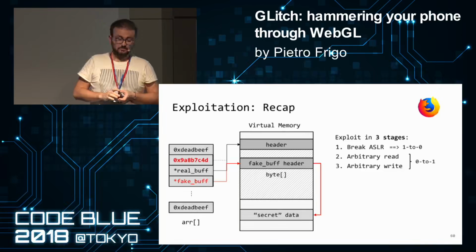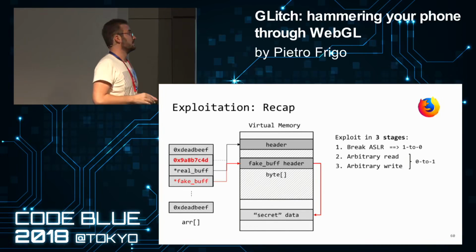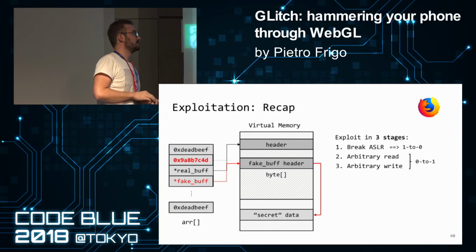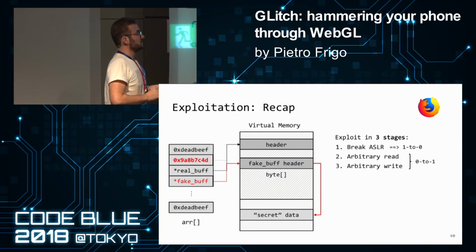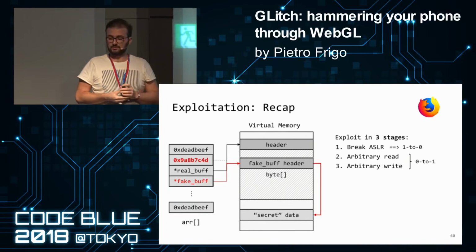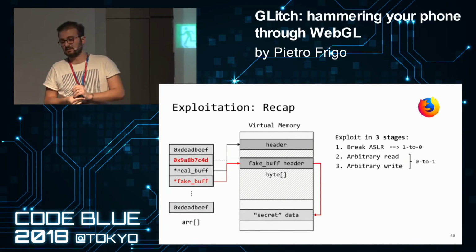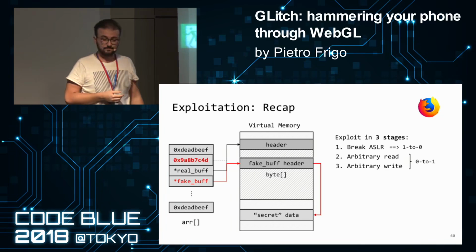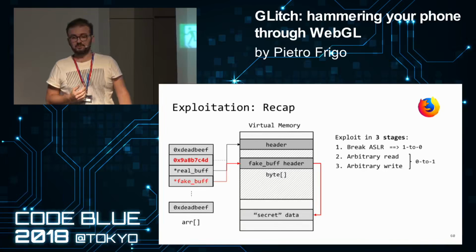And to do this, you need two bit flips, a 1 to 0 bit flip and a 0 to 1 bit flip. So since you need two bit flips, people will ask, how is it possible that this is faster than current attacks? And the answer is because we use the GPU.